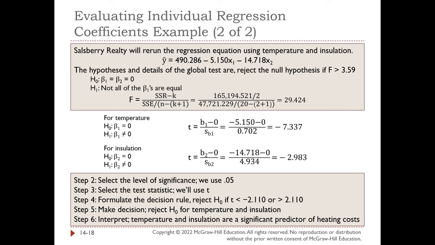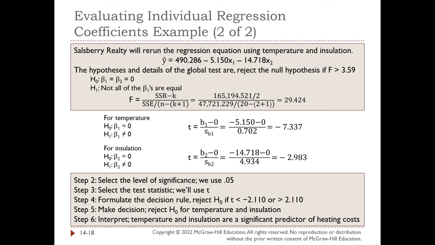Significance level was 0.05. Test statistic, we'll use t. Formulate the decision rule: reject the null if t is less than negative 2.110 or greater than 2.110. And determine. Well, we're still rejecting for temperature and insulation.